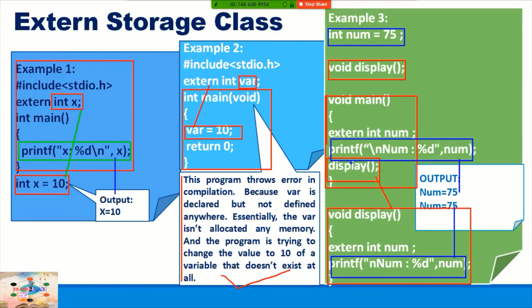The second time, after calling the display function, the same printf statement will display the value 75. So 75 will be displayed two times. First with the help of the printf statement within the main, and second with the help of the printf statement within the display function.